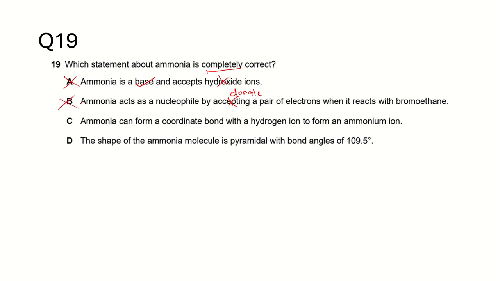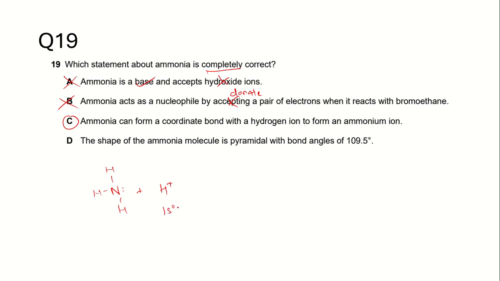C, ammonia can form a coordinate bond with hydrogen ion to form an ammonium ion. Alright, that's correct. Ammonia has a lone pair on the nitrogen. So when it reacts with hydrogen ion, hydrogen has one s orbital with no electrons, right?